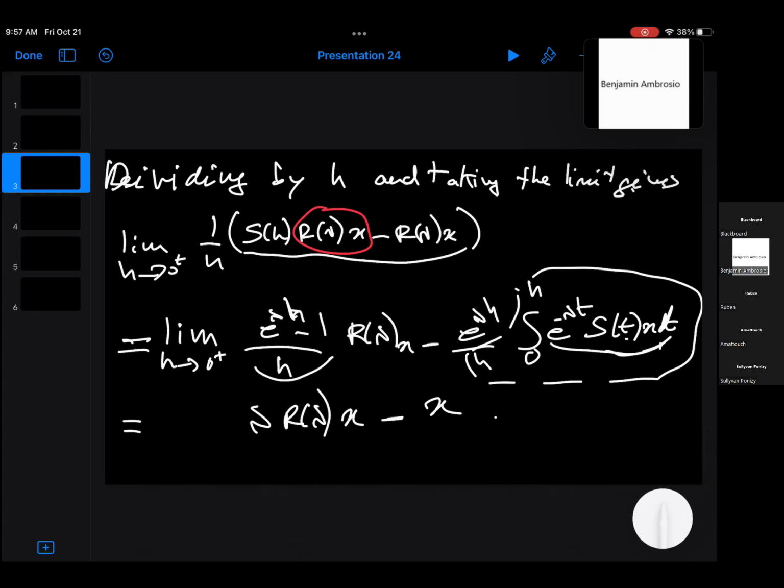We get that A R lambda x equals lambda R lambda x minus x. What do you conclude from that?